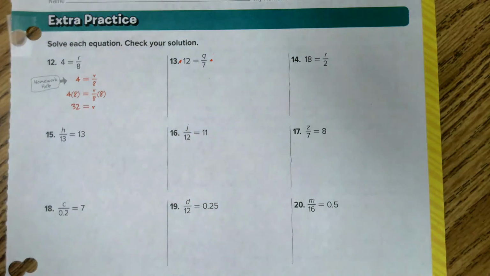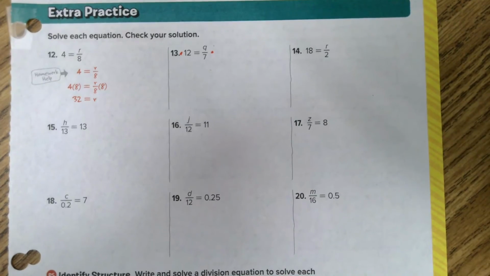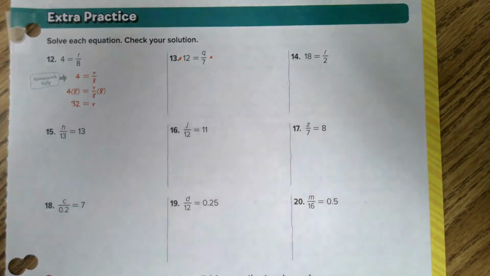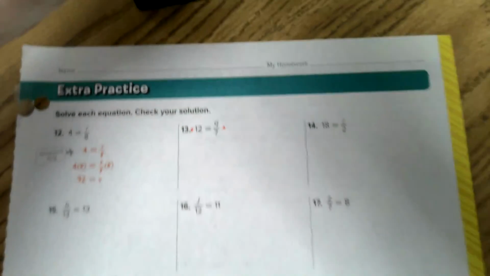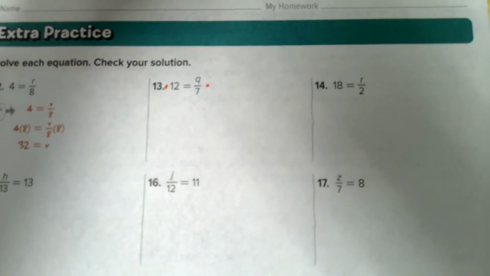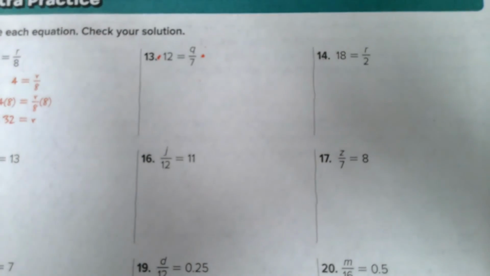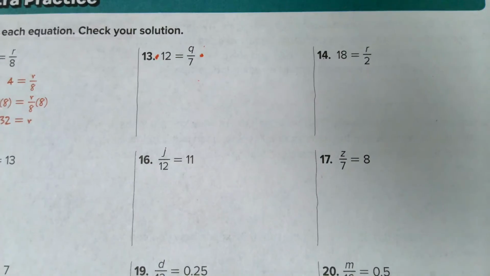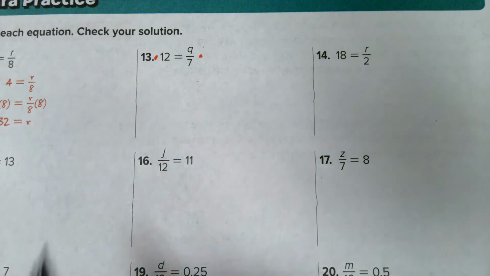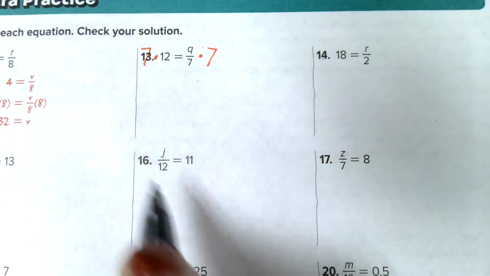In this case, let me try to zoom in here a little bit. You're going to multiply both sides by 7. All right, so multiply by 7, multiply by 7.